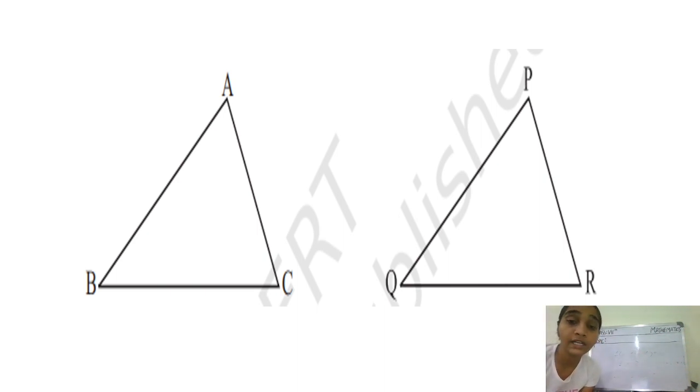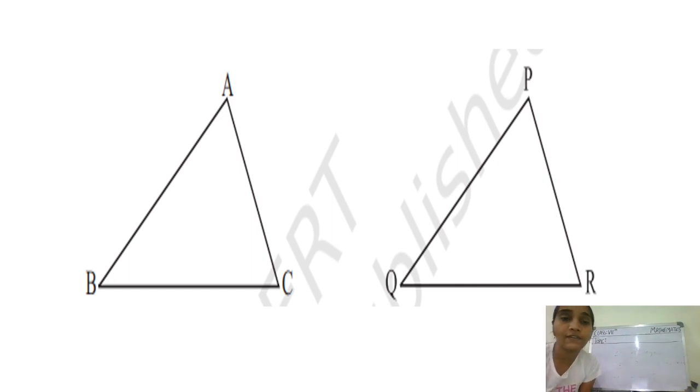And what about angle C, is it congruent to angle R or not? Here also we will check whether the measure of angle C and angle R are equal or not. Then we will say that they are congruent.